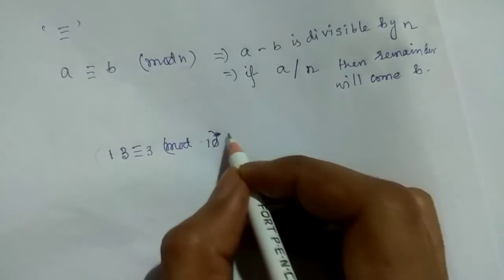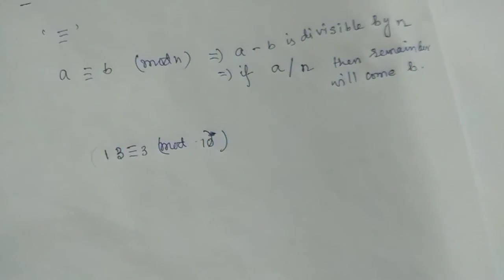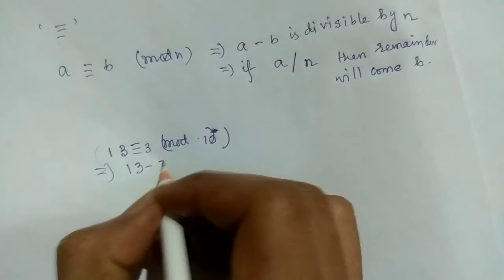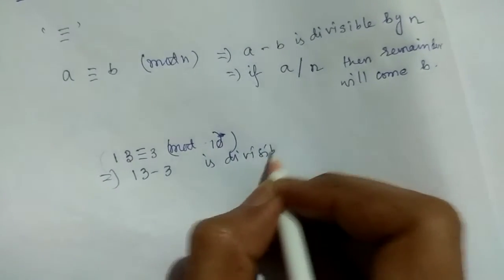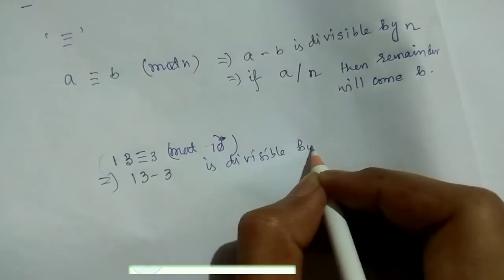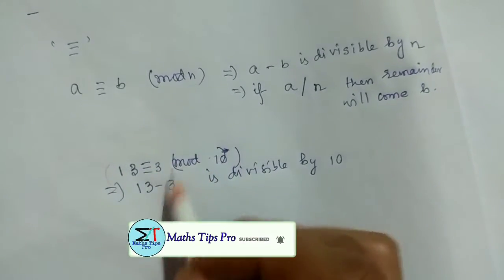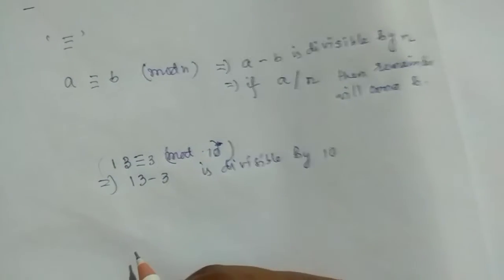That means 13 minus 3 is divisible by 10. And by this congruence relation we can easily calculate the unit digit of a number.